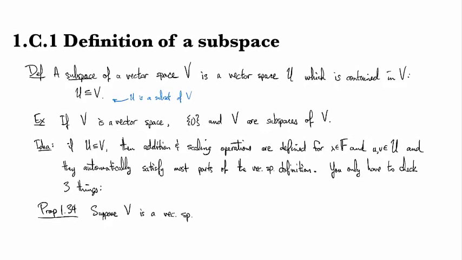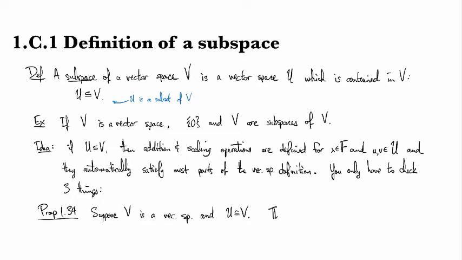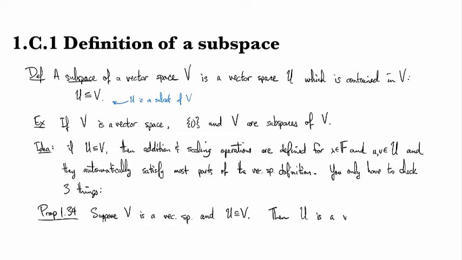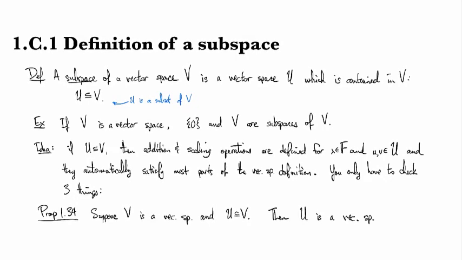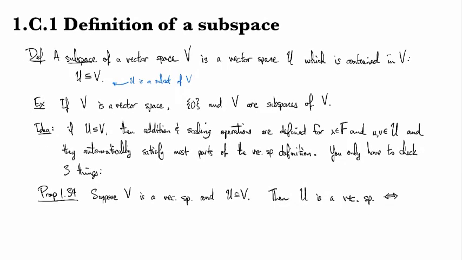So suppose that V is a vector space and that it has a subset U. Then U is a vector space if and only if, and so, well, yeah, let me just finish the sentence here and then I'll come back and explain.